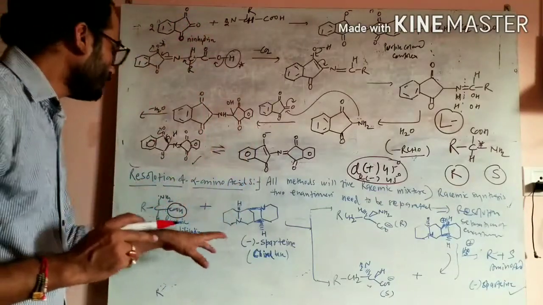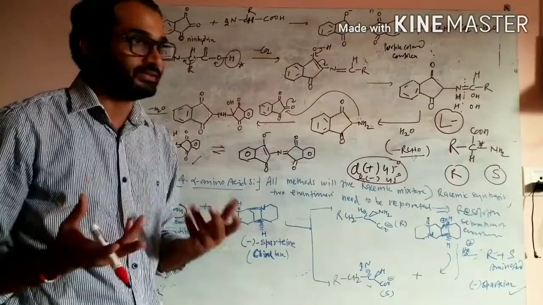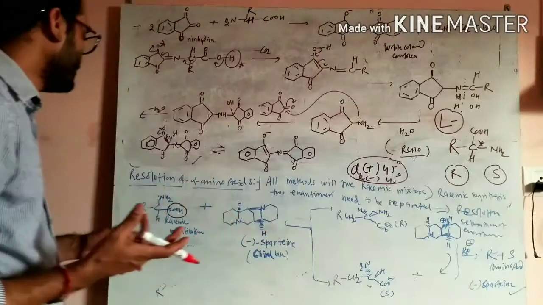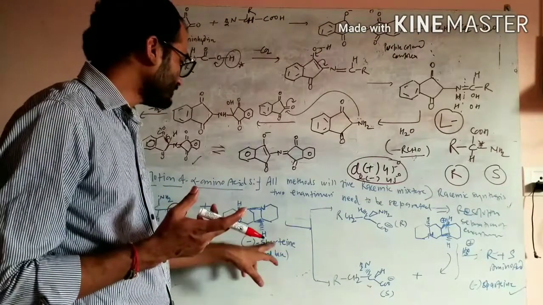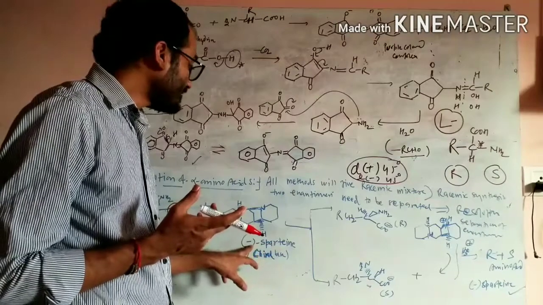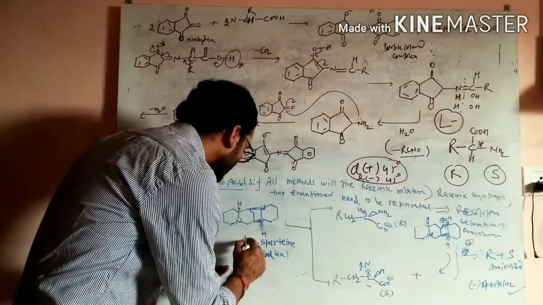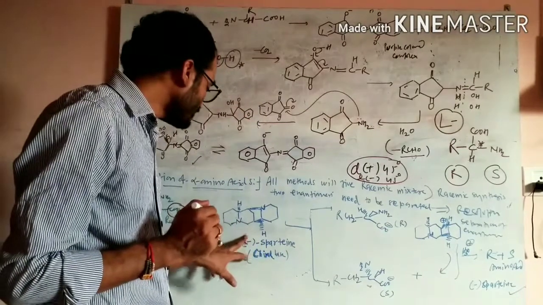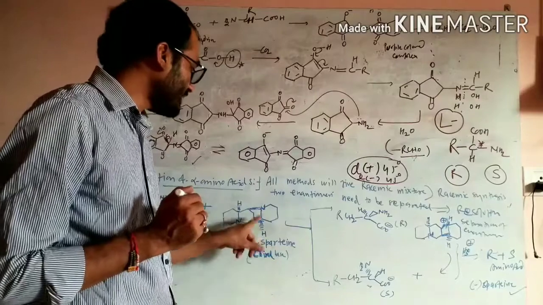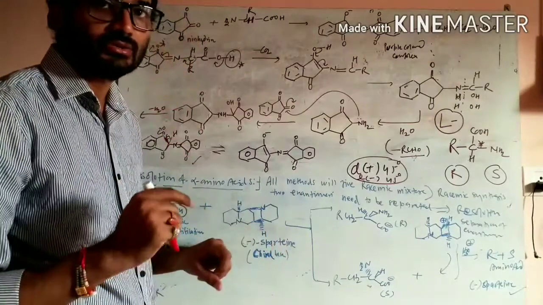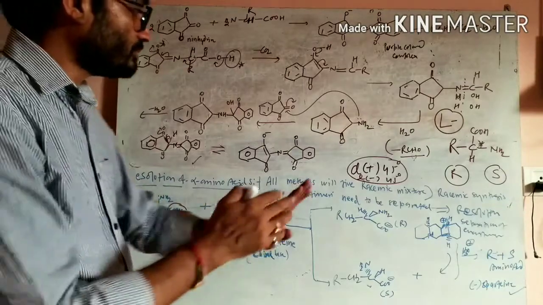So when this racemic modification, a mixture of R and S or D and L, is reacted with this chiral base, which is the levorotatory (minus) base, the base is chiral in nature. When enantiomers react with a chiral molecule, they form diastereomers.